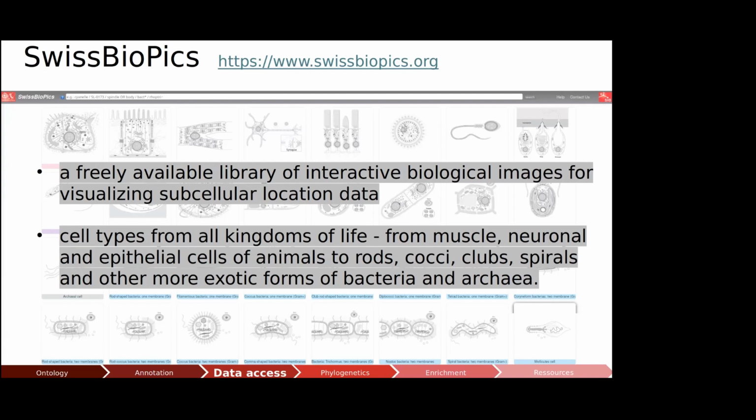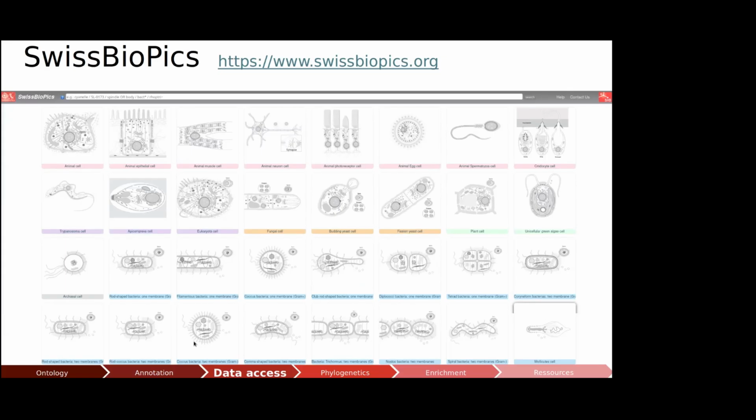It gives access to cell types from all kingdoms of life and specialized cells like muscle, neuronal cells, epithelial cells from all these organisms. And here you can get an idea of what type of cells are available and how different they are.